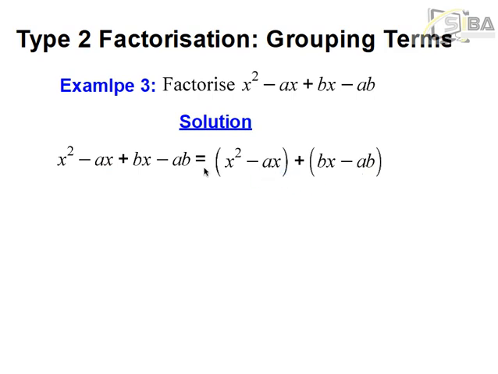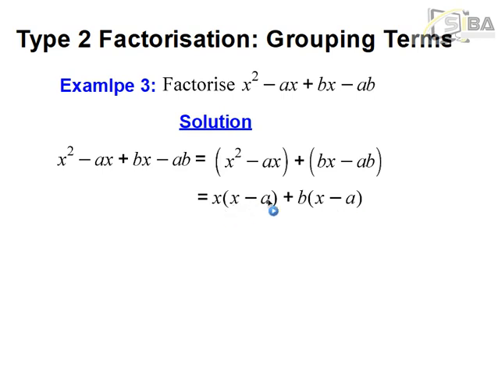The next step is to factorize the common terms out. Mind you, x squared is x times x. So when you bring x out, you'll be left with x here. Ax, when you bring the x out, you are left with a. The common factor is b. When you bring the b out, this term will be left with x, and this term will be left with a.